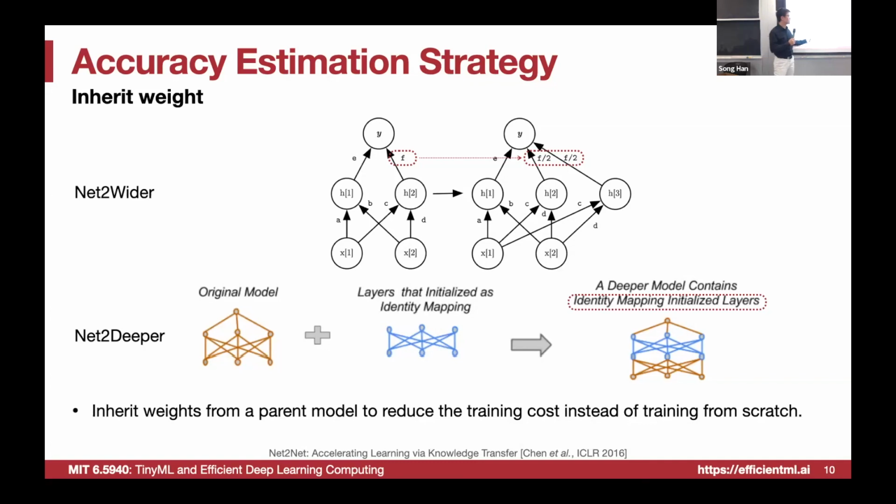We can also expand the depth by inserting an identity layer. Any layer followed by an identity layer, put together, is still the original layer, right? So you can continue training from this model. Every time you are standing on the shoulders of giants, you're no longer restarting, by using this Net2WiderNet or Net2DeeperNet.